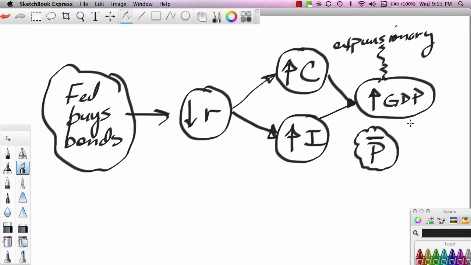And of course, macroeconomists are very interested in this because this should lead to lower unemployment, particularly lower cyclical unemployment. All right, this concludes our lesson on how open market operations affect interest rates, both in the bond market and in the loanable funds market.